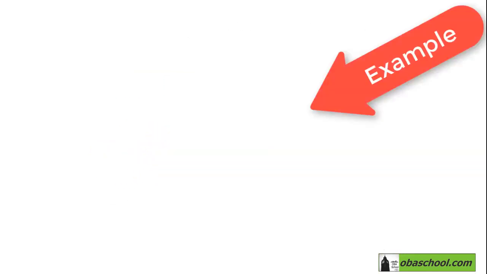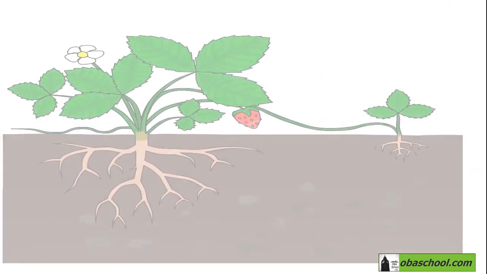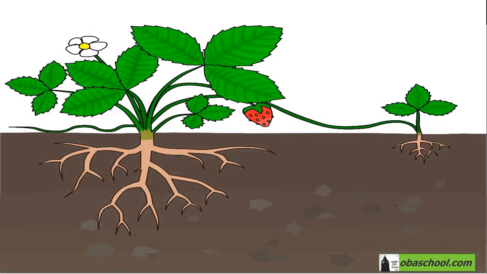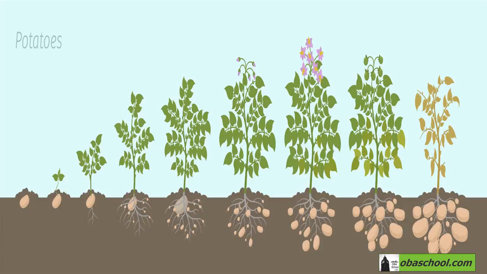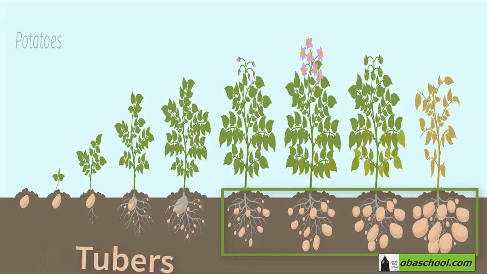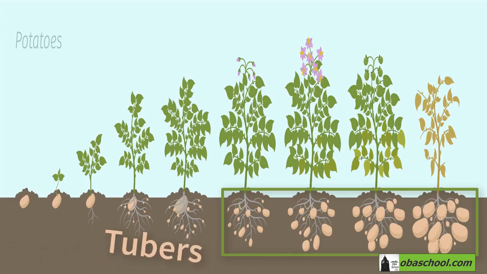An example of plants that rely on asexual reproduction is the strawberry plants. Strawberry plants reproduce asexually using stems that grow along the ground called runners. Moreover, potatoes also reproduce asexually, but by using tubers which are underground.